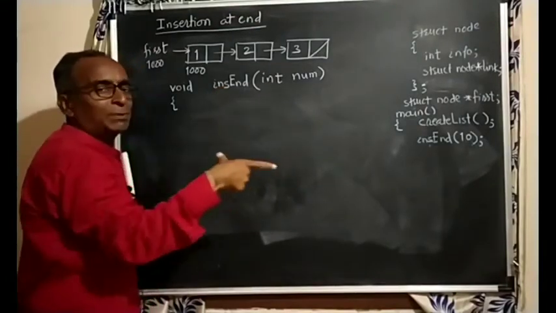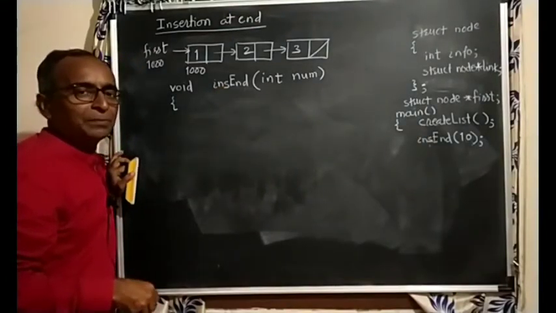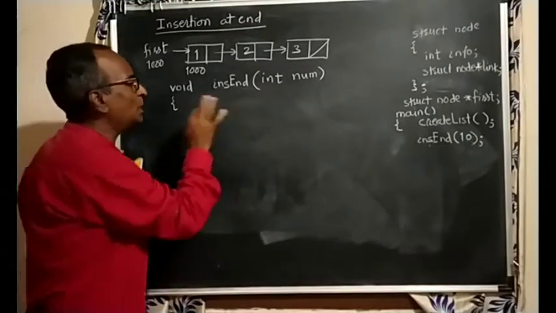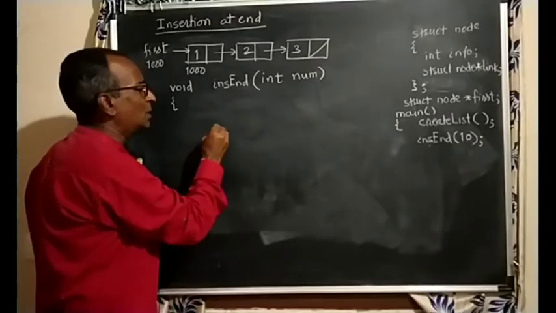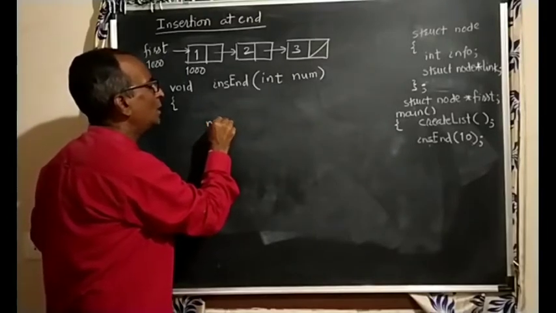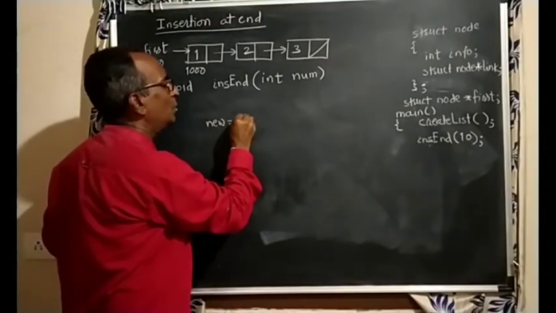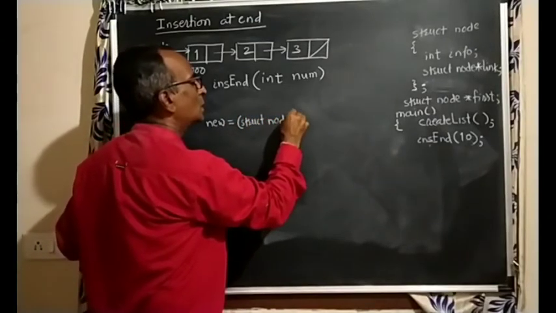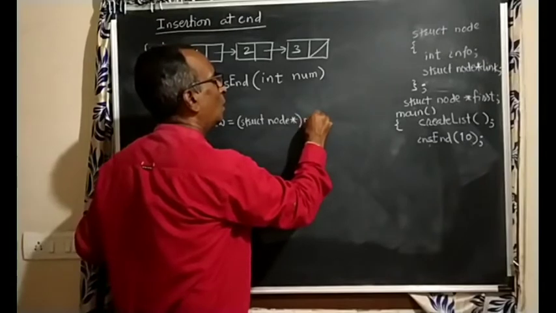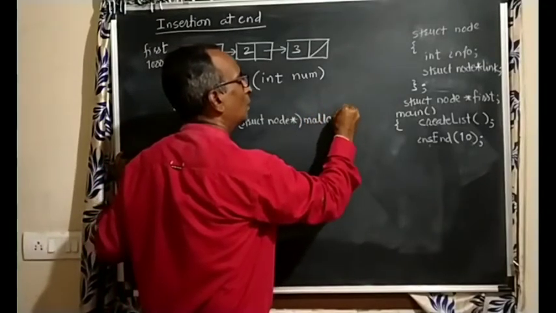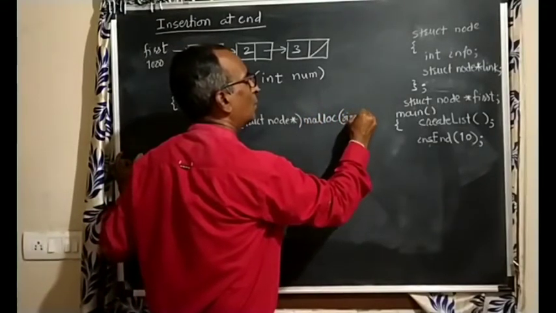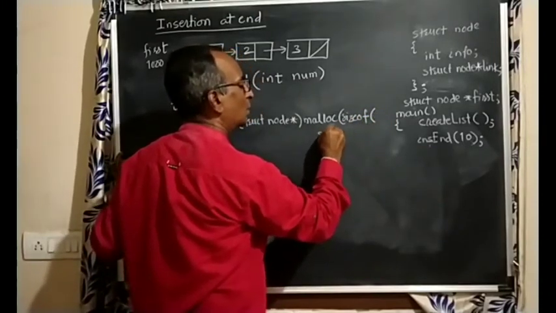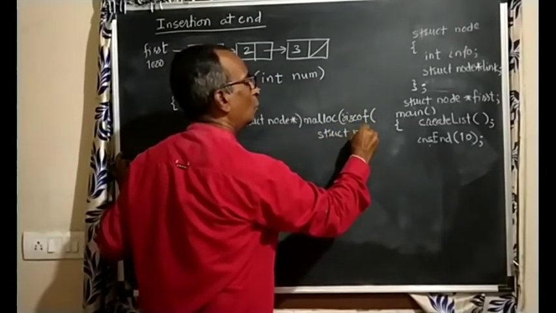Now what steps have we taken earlier? If the linked list is empty, what will happen? So first step, whenever you are inserting, you create a new node: new = struct node star malloc size of struct node.